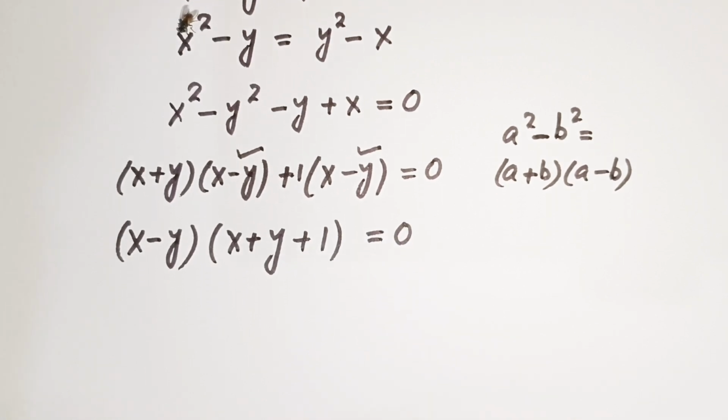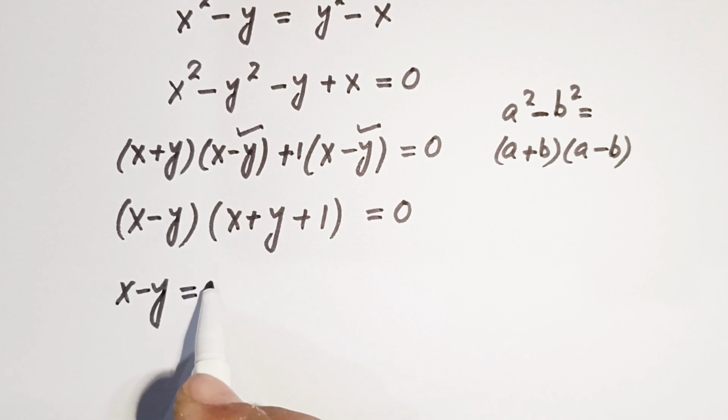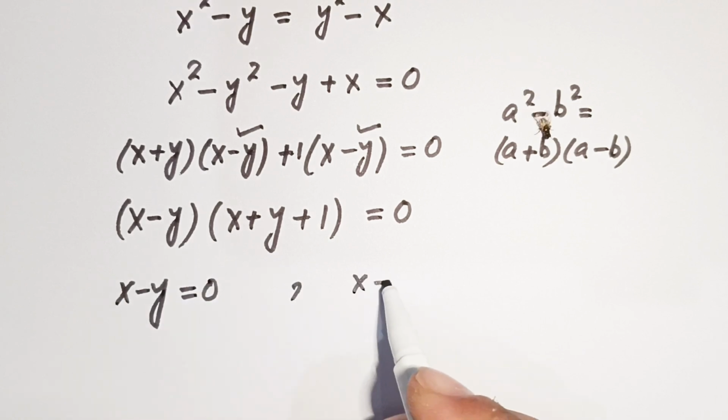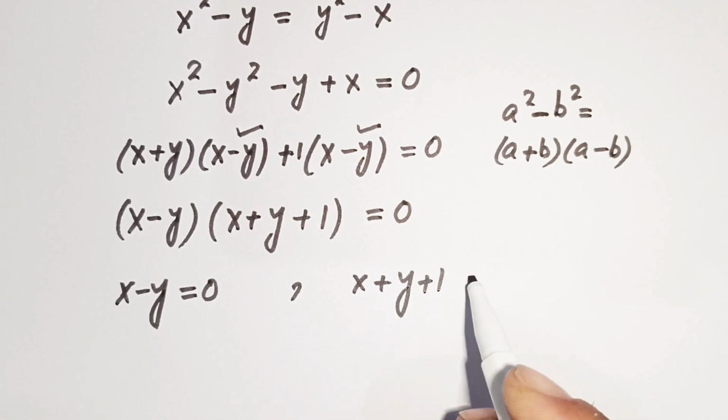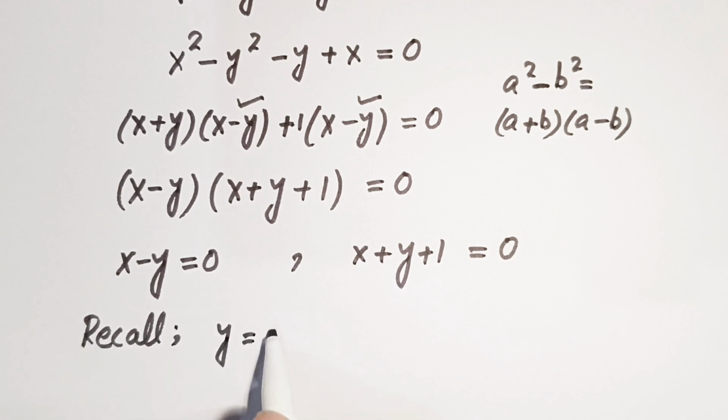Now we have two possible cases here: the first one is x − y = 0, or x + y + 1 = 0. So take x − y = 0. Recall that y = x² − 4.